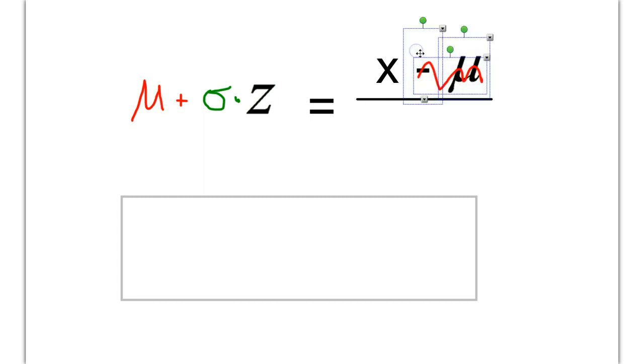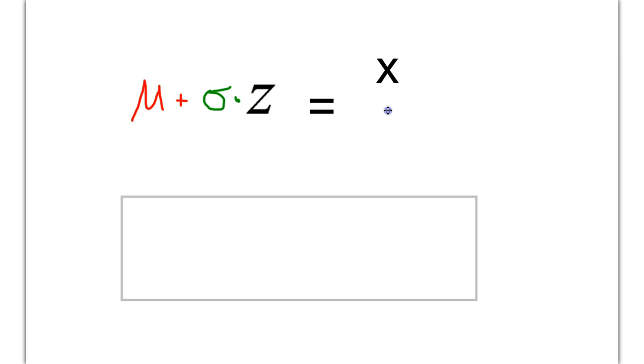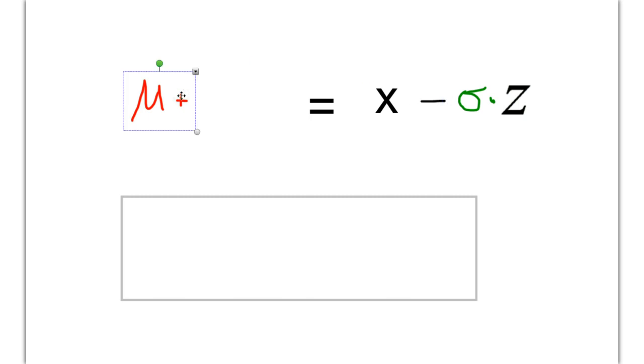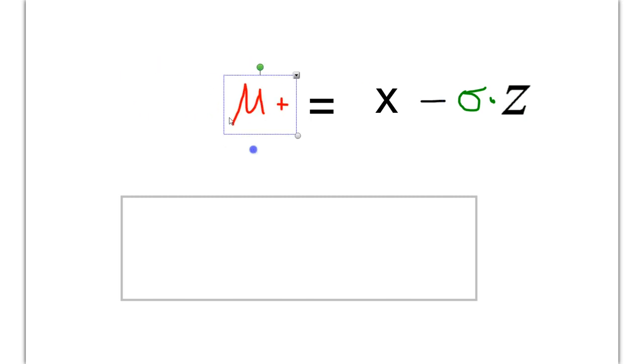Since we're solving for mu, we subtract sigma z from both sides, put a minus sign in front, and we're left with mu by itself on the other side.